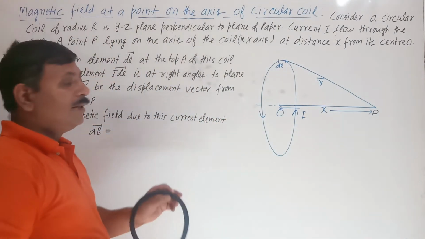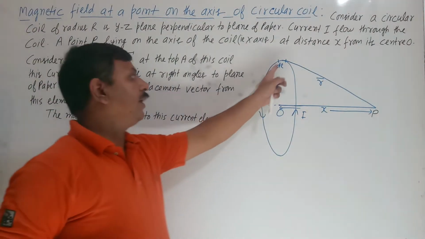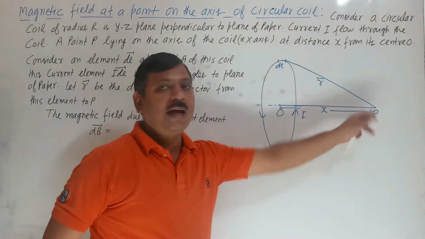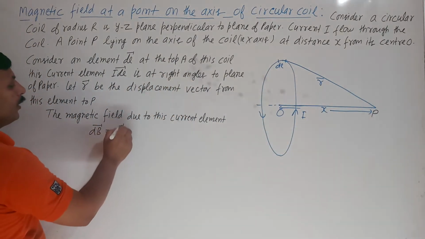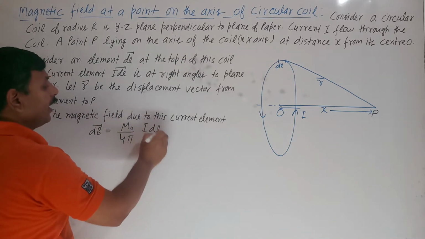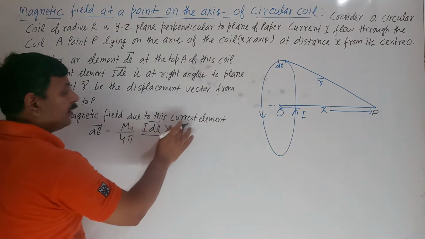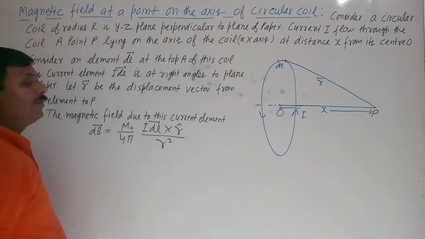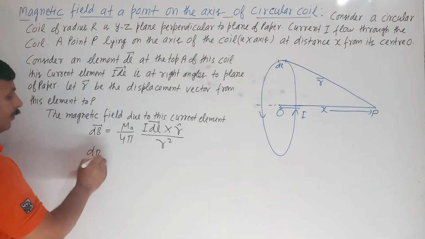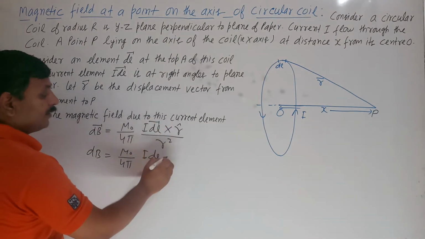So if you apply the Biot-Savart law, the angle between current element Idl and r becomes 90 degrees. The magnetic field due to this current element at point P: dB is equal to mu naught upon 4 pi, Idl cross r upon r squared with the unit vector, or in magnitude, mu naught upon 4 pi, Idl sine theta.